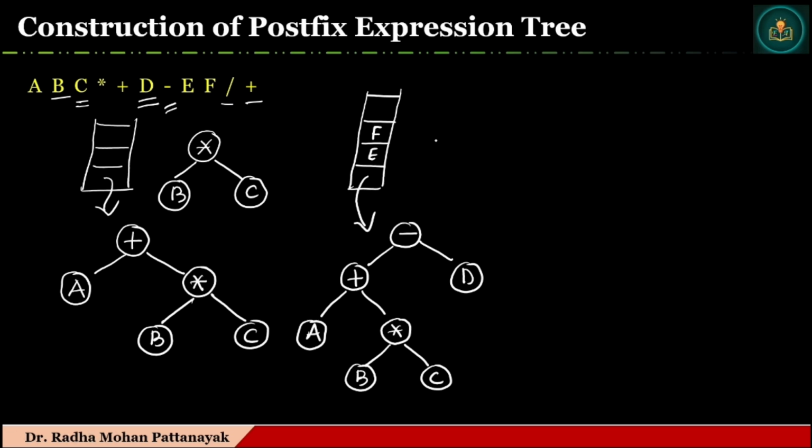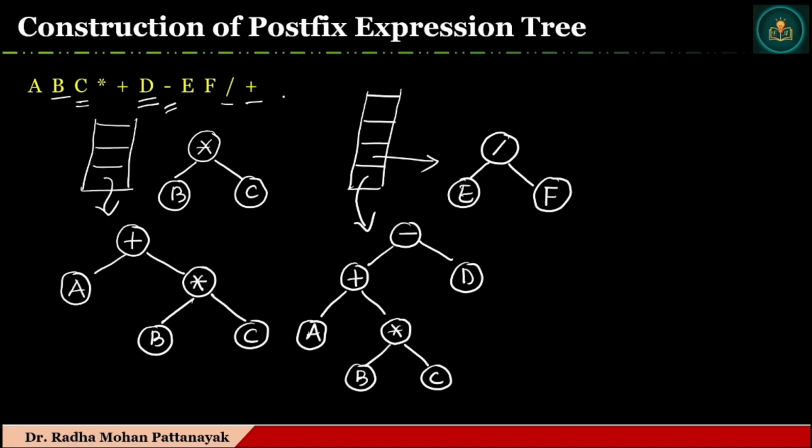So design the tree: division, then the left side of division is E and the right side of division is F. Then pop these two operands from the stack. I popped them out and the tree is the result of that place.